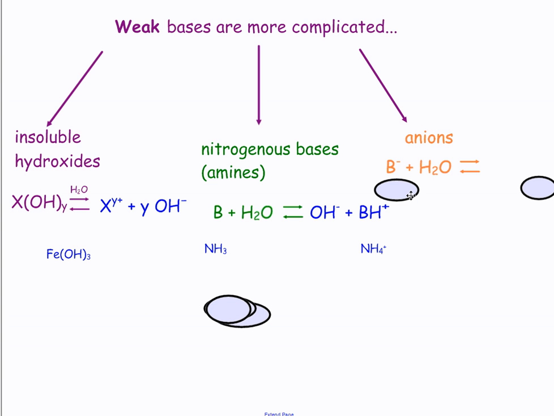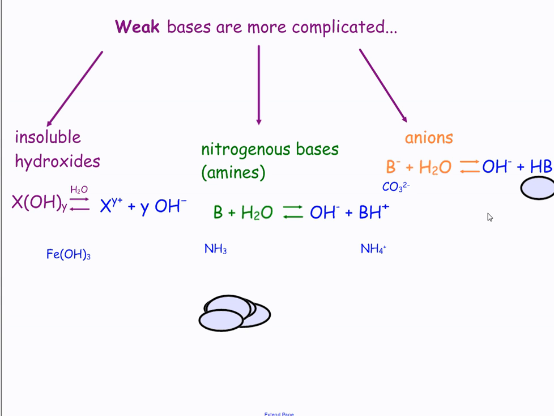And the last one, anions. Not all, but some, in water are going to form hydroxide ions and leave what we're calling HB. In an example, carbonate ions are pretty basic.